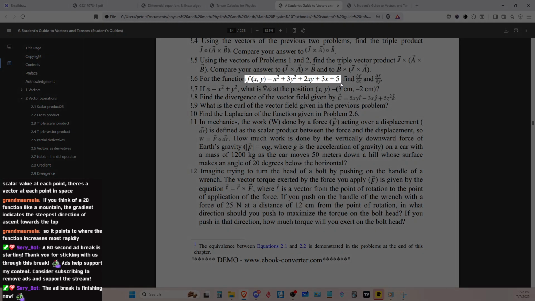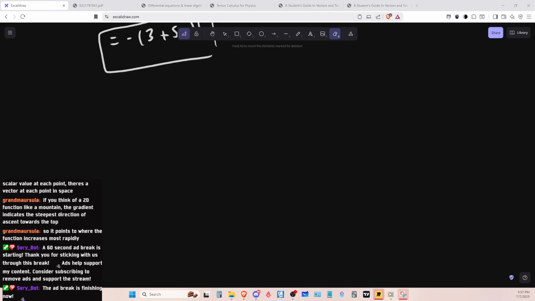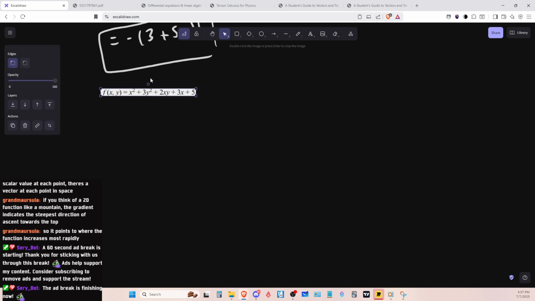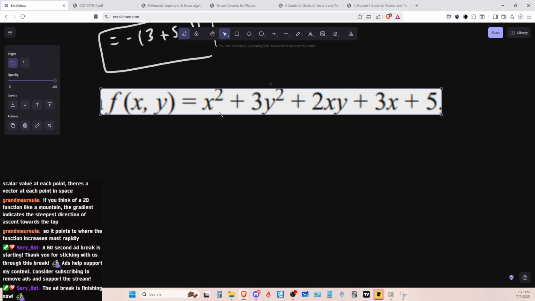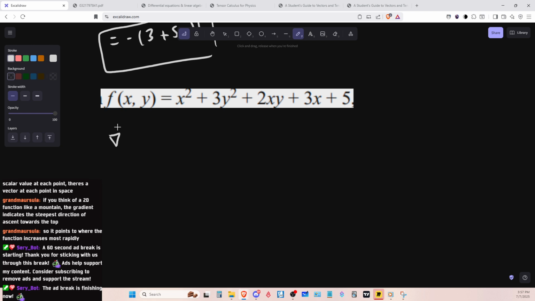This function. Copy, paste that, stretch it a little bit, and they want the Laplacian of this function, so we'll do the gradient of this one first.